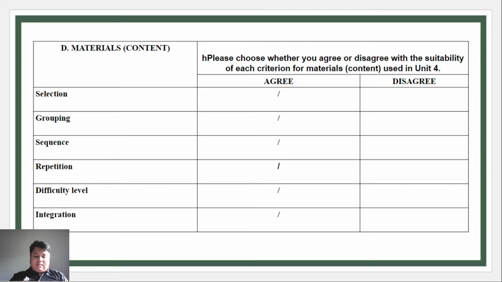Difficulties. We also agreed that the difficulties are suitable for Form 2 and Form 3 students. It starts from easy and then becomes more challenging and becomes harder towards the end. For integration, the materials are very suitable for Form 2 and Form 3 students.